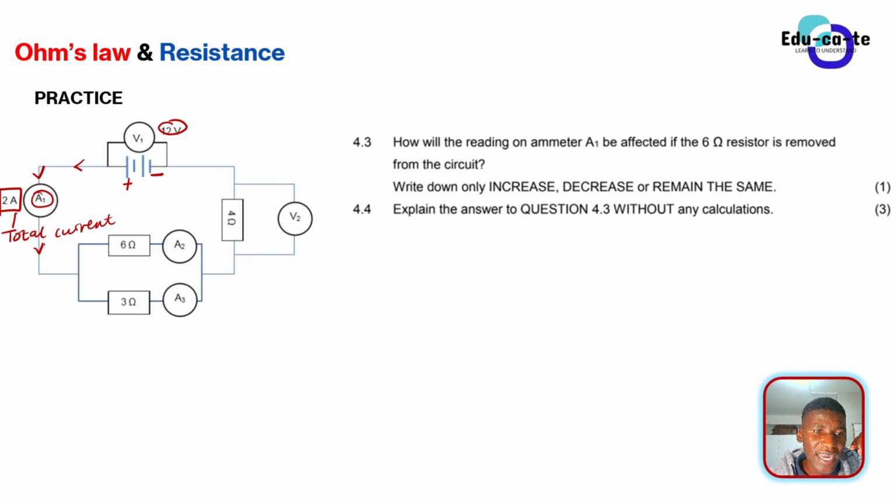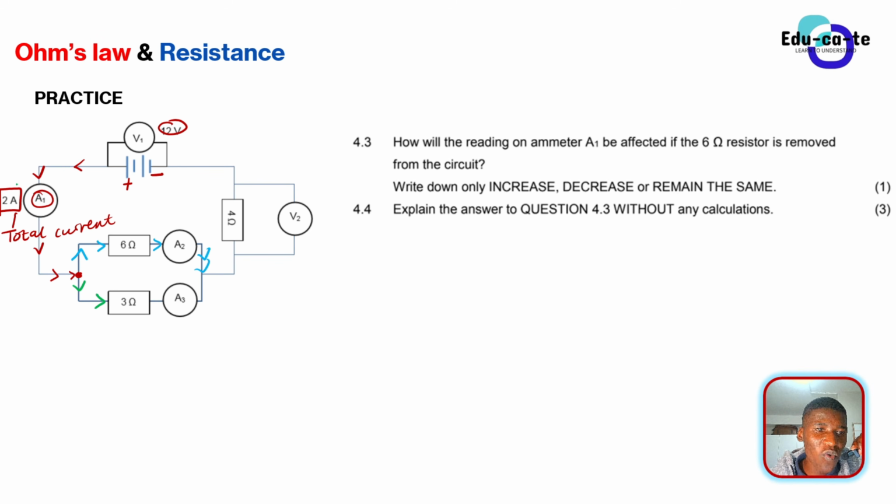And then now this current flows and flows. When it reaches this point, it has to decide which direction to flow. Some of it will go there to the 6 ohms resistor, and some of it will go down there to the 3 ohms resistor.